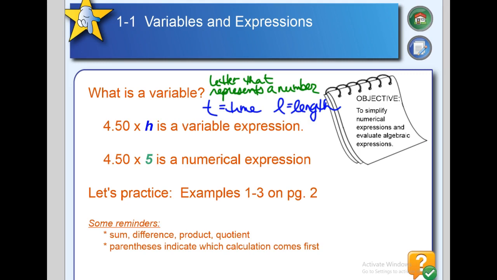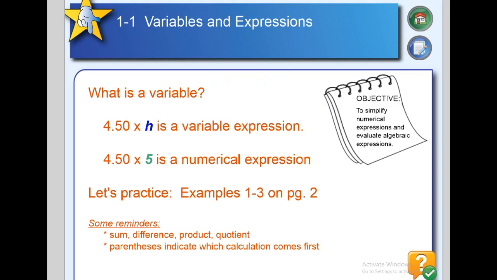Now, if you notice my next two equations there, we have two different kinds of expressions. Type number 1 is a variable expression, and it contains a variable, a letter.